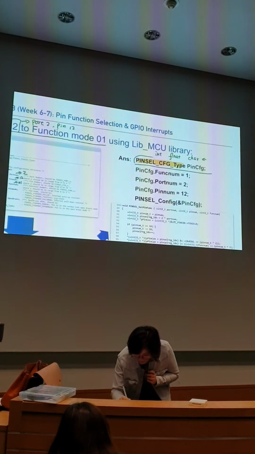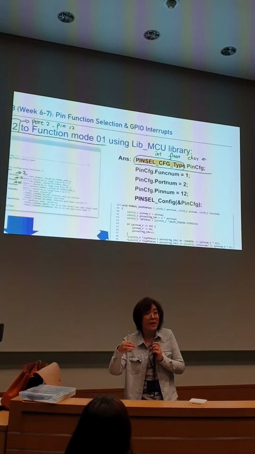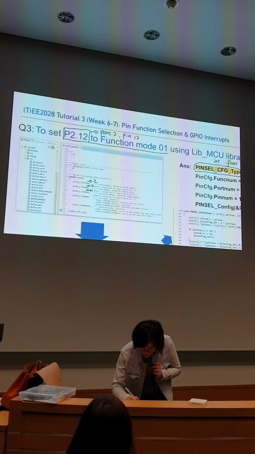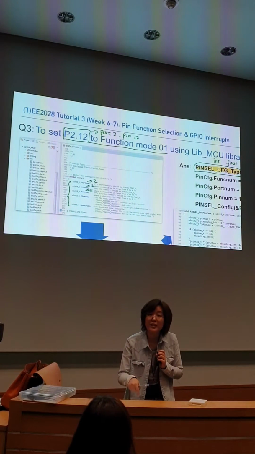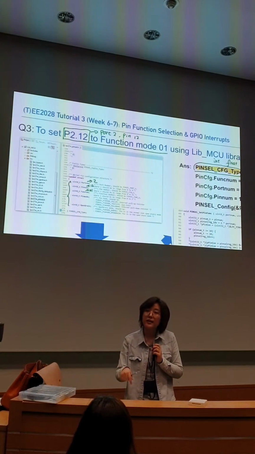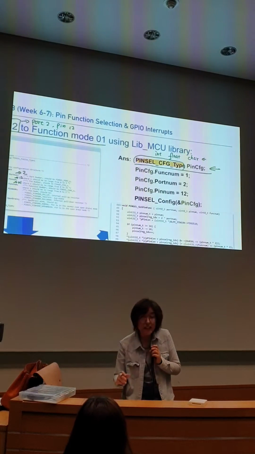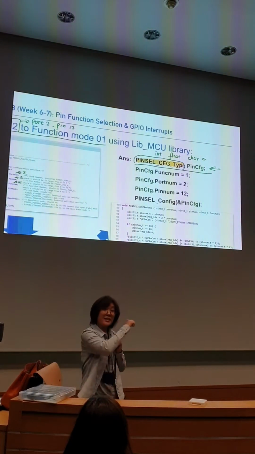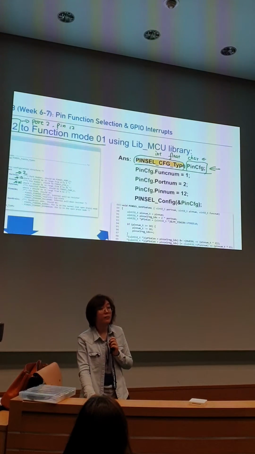But this one is actually a structure type we define, because we have this in our library. The people who constructed this library defined this structure type. So you need to declare a structure variable with this type. You can give it any name.